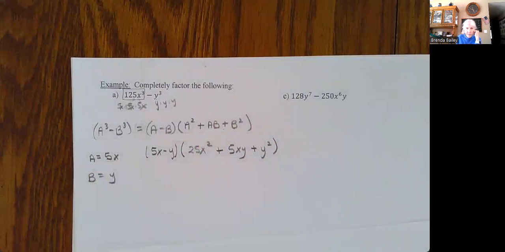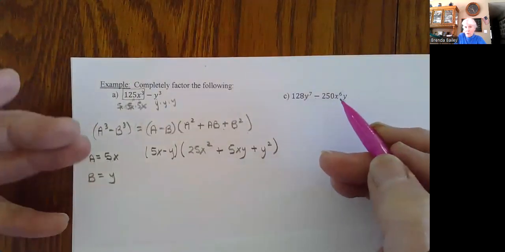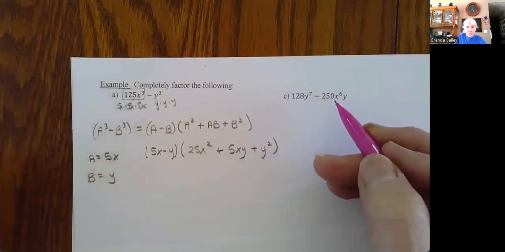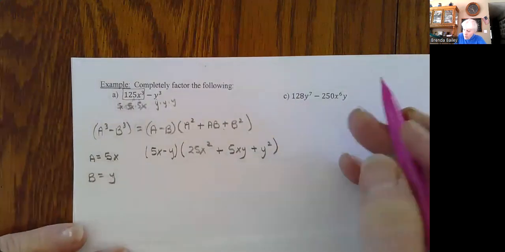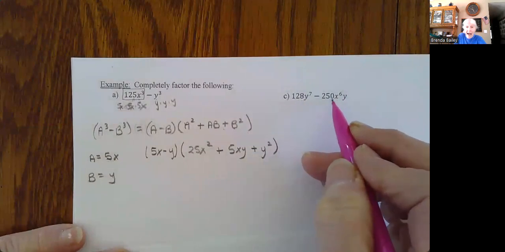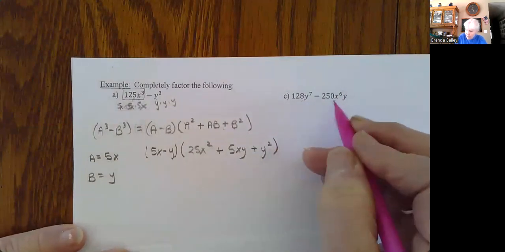All right, let's try another one. This is also a difference. Now, looking at it, you don't know, is it going to be a difference of 2 squares, or a difference of 2 cubes, or maybe nothing at all, and we're done? Well, we're going to pull out the greatest common factor first to determine. So you always need to do that first.